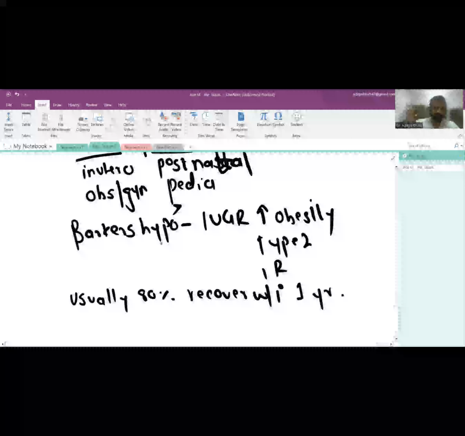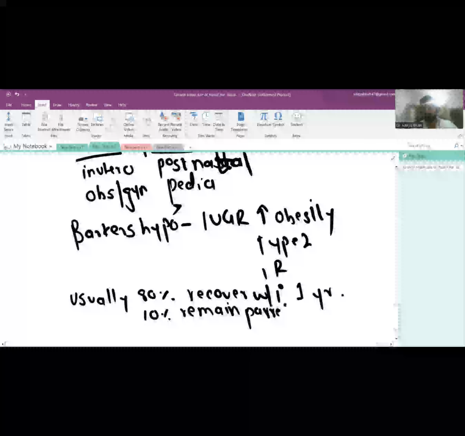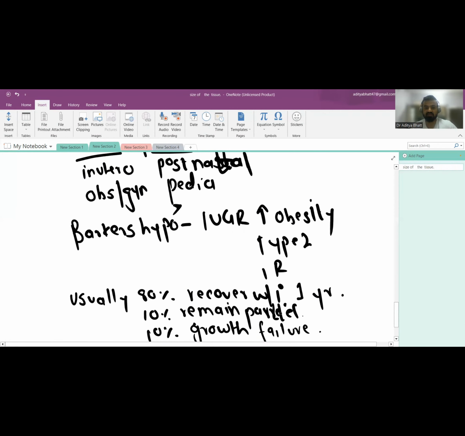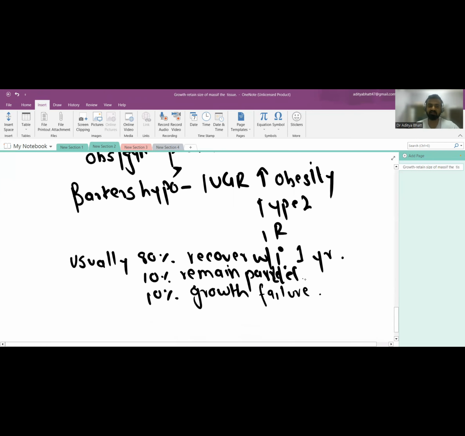They normalize along with their peers when they are given adequate nutrition. 10% of them remain parallel. They are small, and they remain small for the rest of their life. And 10% of them have significant growth failure, and they will never recover. This 10% who remain parallel, later on they may recover, but the last 10% never recover. So this is the trajectory that we usually see.